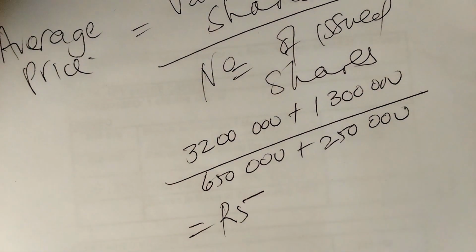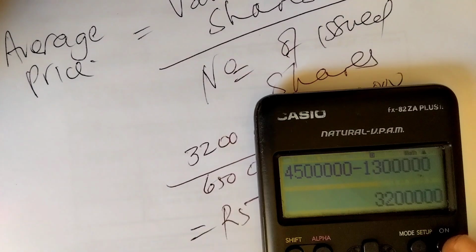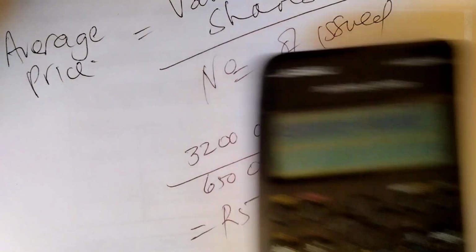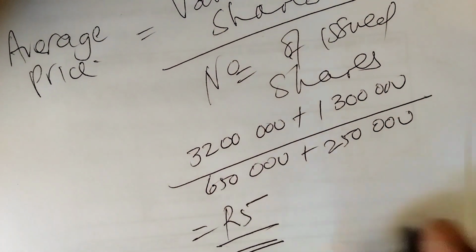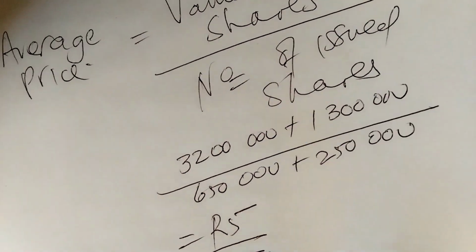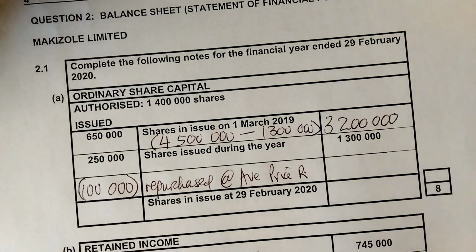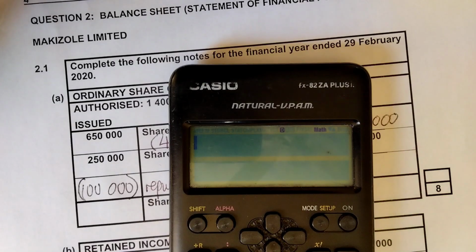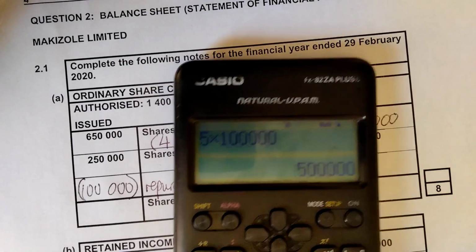If you say that's your 4.5 million divided by 900,000, it will give you 5. So you can actually see that the average price is going to be 5. So which means on our note number 7, the average price is 5, and then you must take your calculator and say 5 times 100,000, that gives you 500,000.